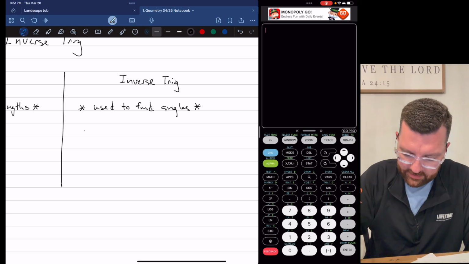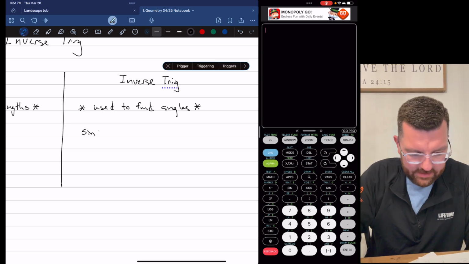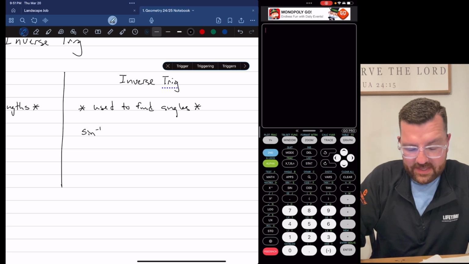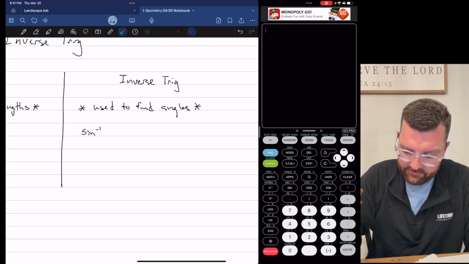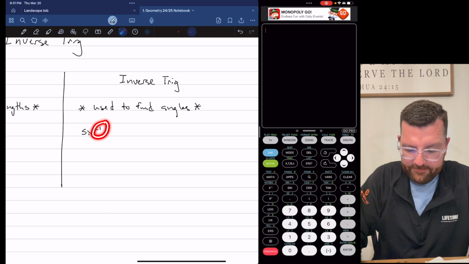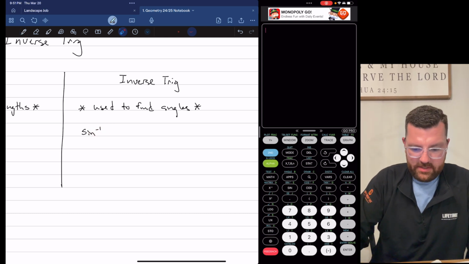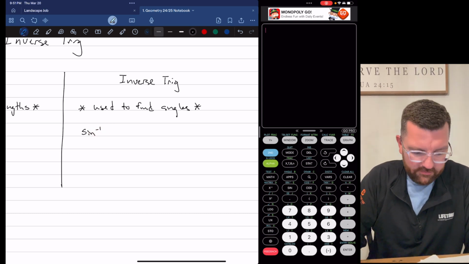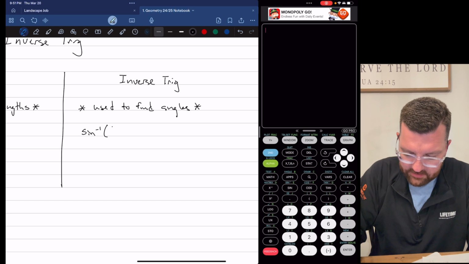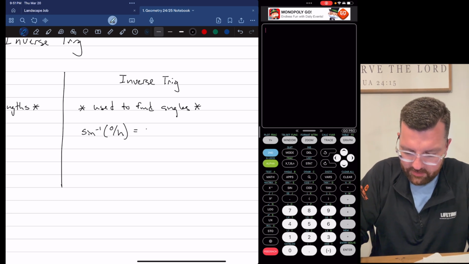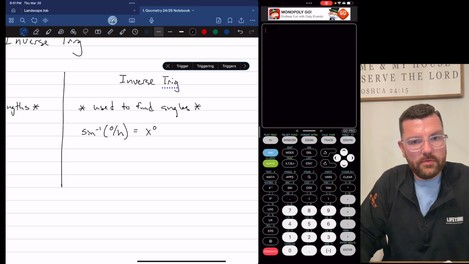So what that's going to look like is the inverse of sine. Notice that I have written a -1 in the exponent position there. So it's sine to the -1 times the ratio of the opposite over the hypotenuse equals whatever the angle we're looking for is.